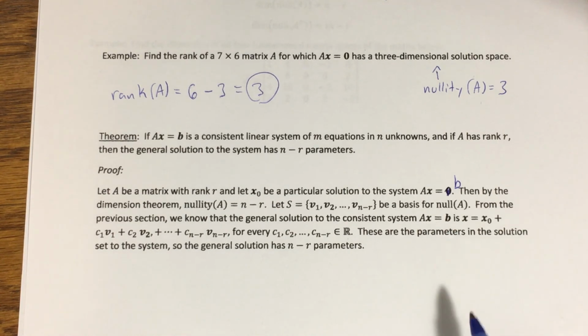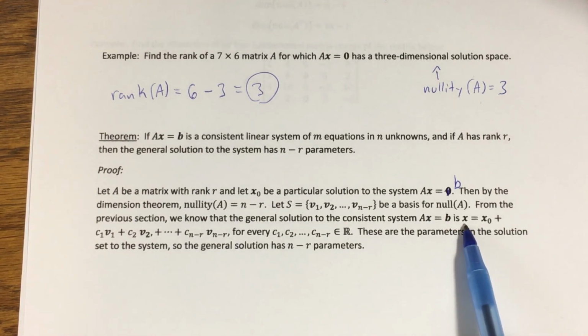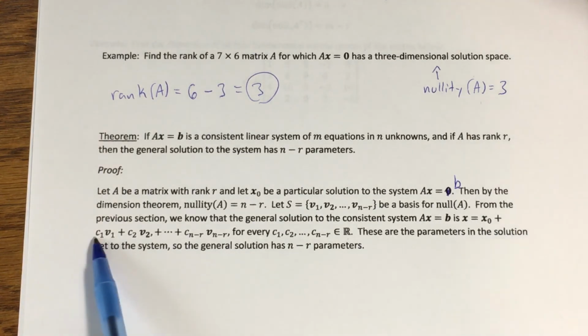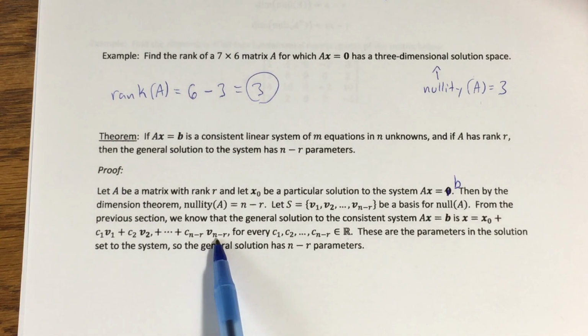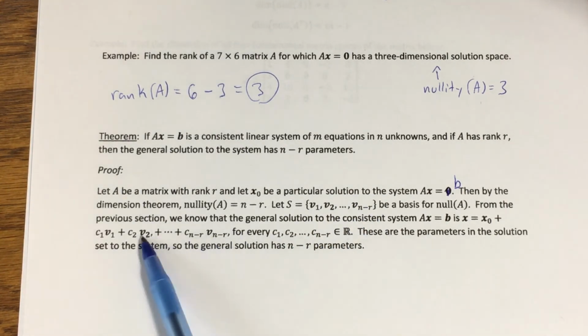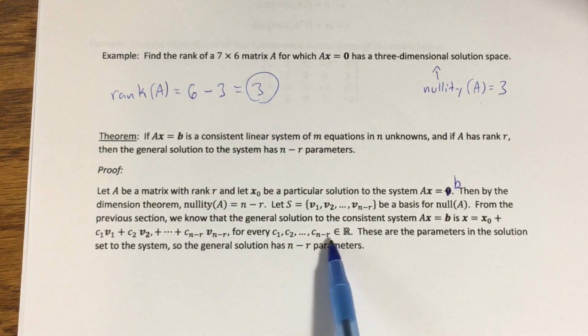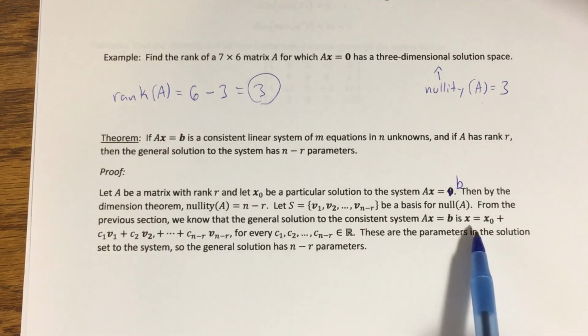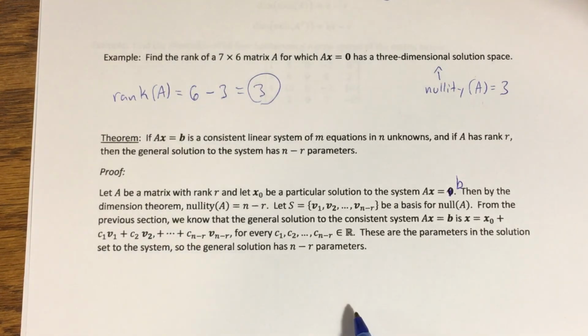the general solution looks like a particular solution to the system plus any linear combination that we can create out of the basis vectors for our null space. For any scalars c1 through c(n minus r), that forms the entire set of solutions to this linear system.